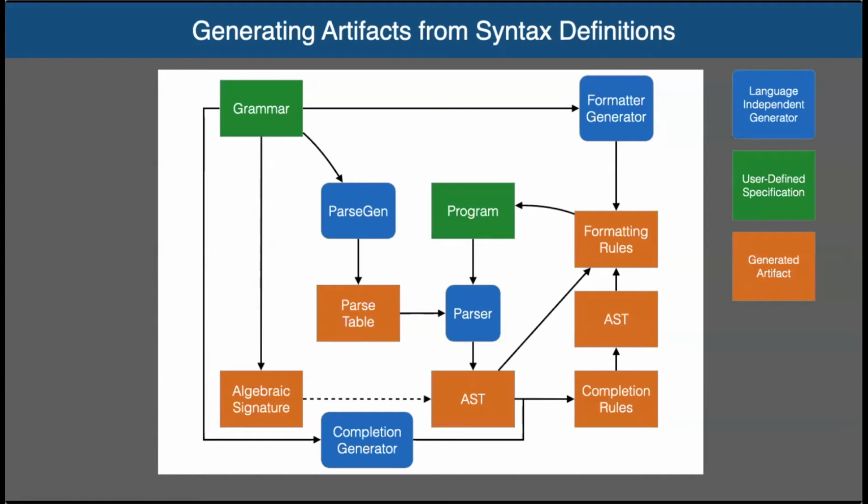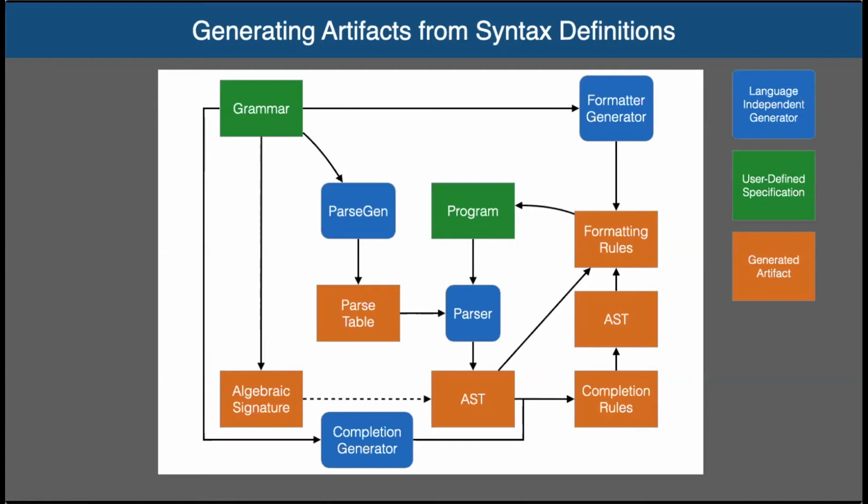Right. So we do indeed have an extension of SDF with layout sensitivity, or it's built in. So we support layout sensitive syntax. And that's where you mean Haskell-like offside rules or Python-like syntax, right?